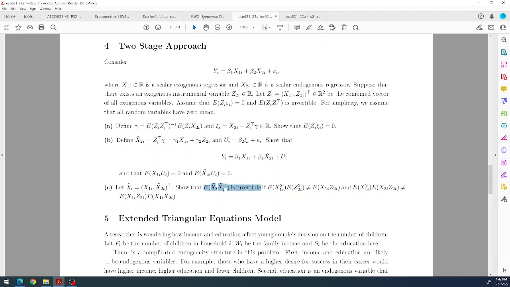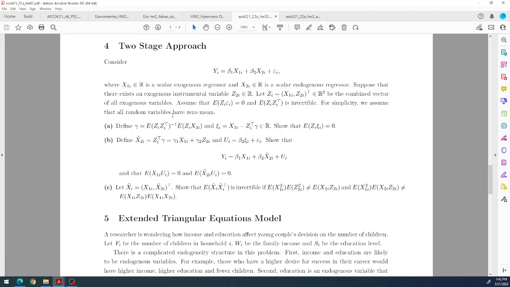The second stage invertibility should be interpreted this way, which is equivalent to the invertibility of the moment condition approach. So question number 4, most of you have done well, nothing much to say.